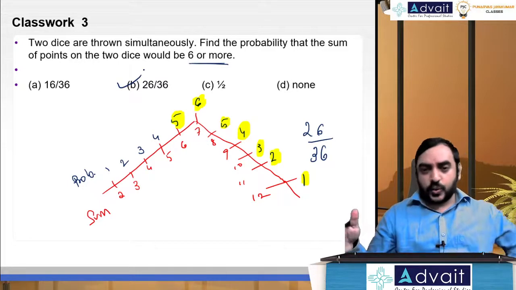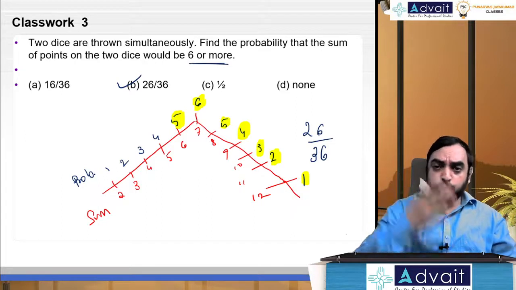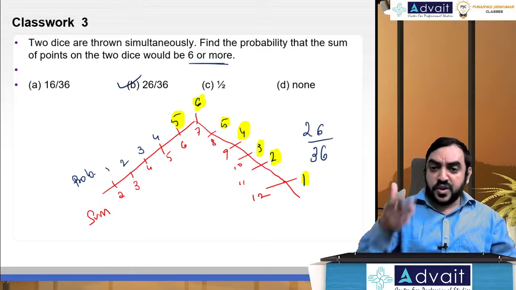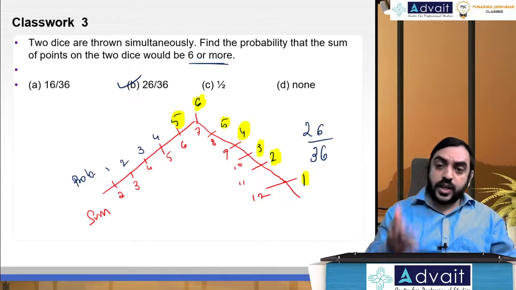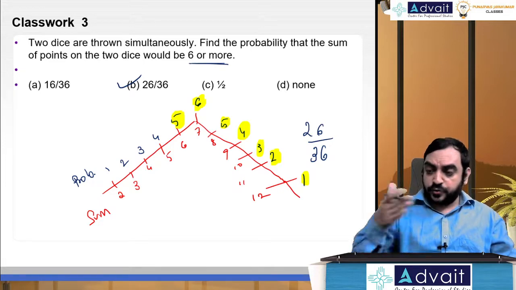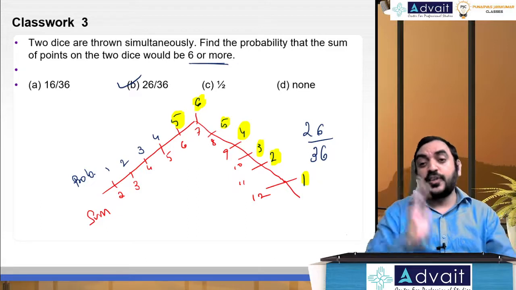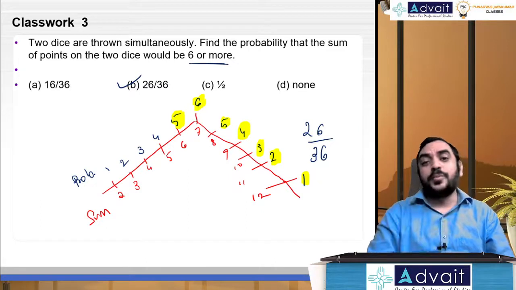You can also list it out. Sum means 6 should come: 1, 5, 2, 4, 3, 3, 4, 2, then 5, 1. Then 7 should come: 1, 6, 3, 4, 4, 3, 2, 5, 5, 2, 6, 1. Like this you can list out 26 things. Every chance you are going to miss something.